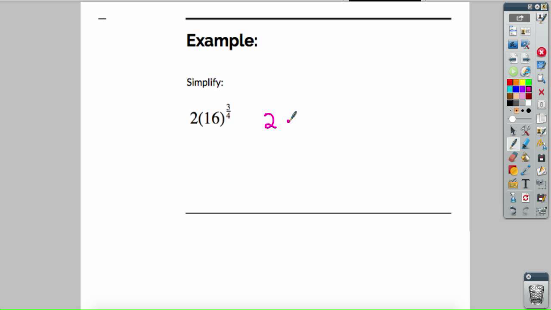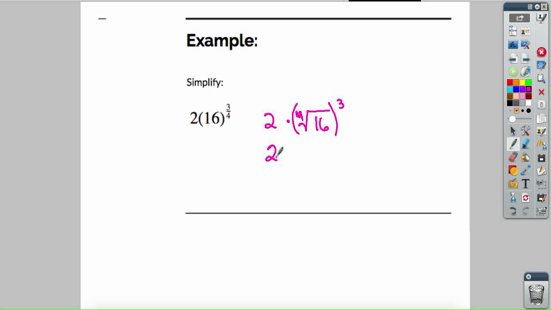But then I'm going to work with this fractional exponent here. So I've got the 4th root of 16. And again, I'm going to look at my chart, and if I see on my chart for quartic, if I know that term, then I'm going to go ahead and take that 4th root.